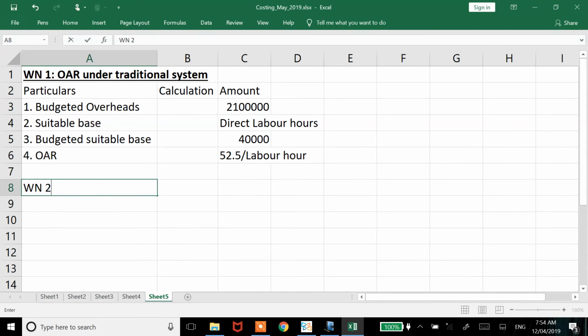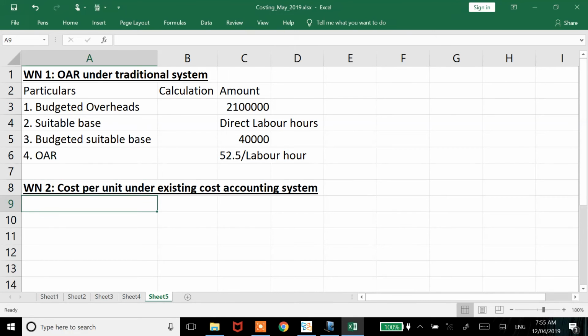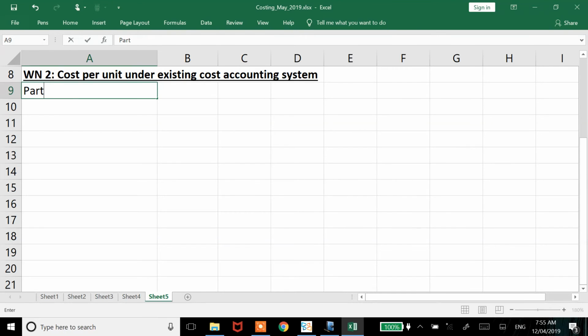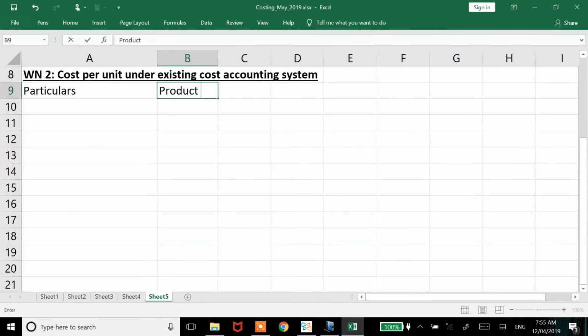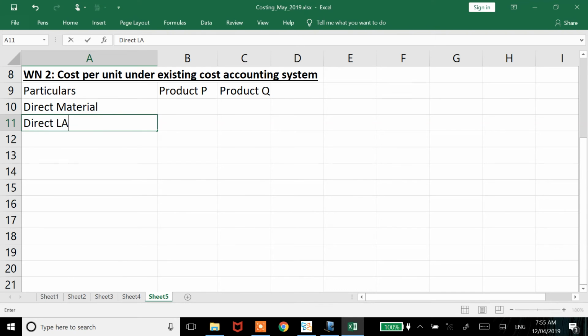Cost per unit under existing cost accounting system or traditional system, you can use any name. Particulars: product P and product Q. Direct material, direct labor, overheads.